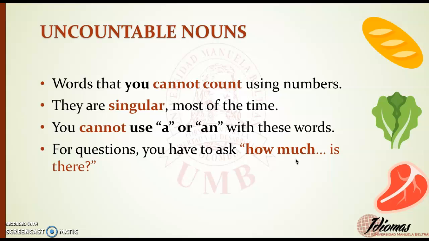Uncountable nouns, as the name says, are these kinds of nouns that you cannot count. You are not going to use numbers to count. Usually, they are in singular. It means you never pluralize these words. For example, you never pluralize bread, lettuce, or meat.